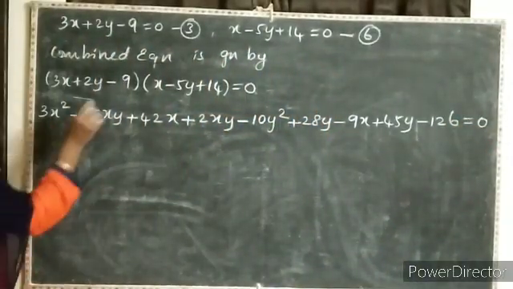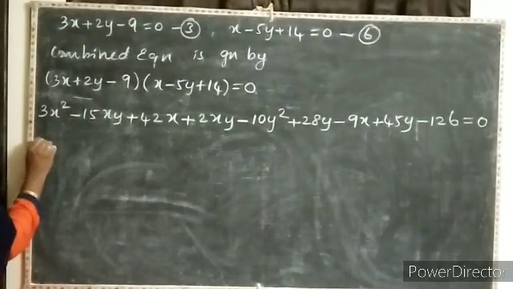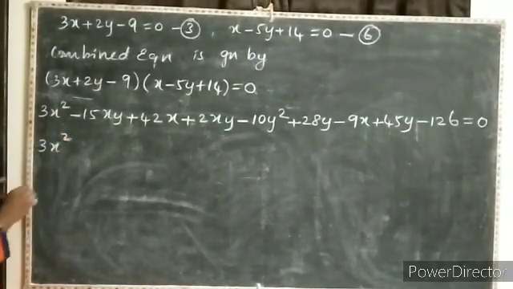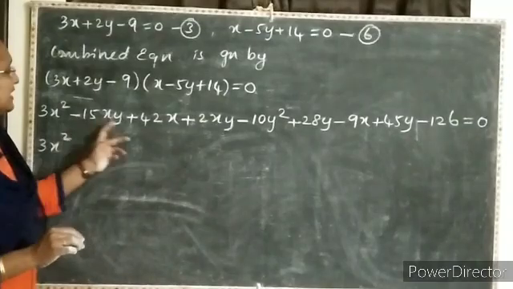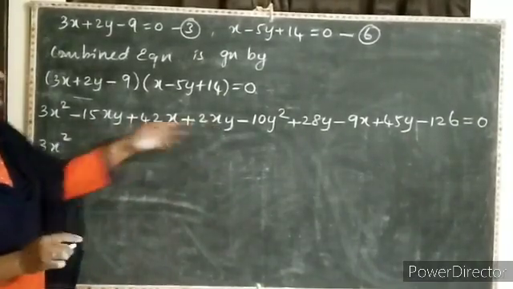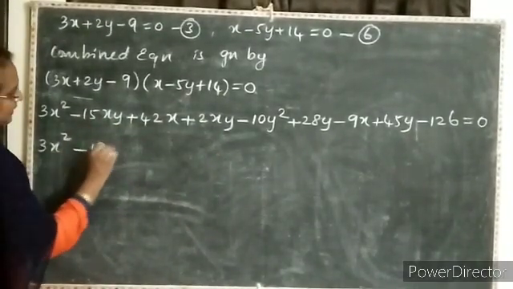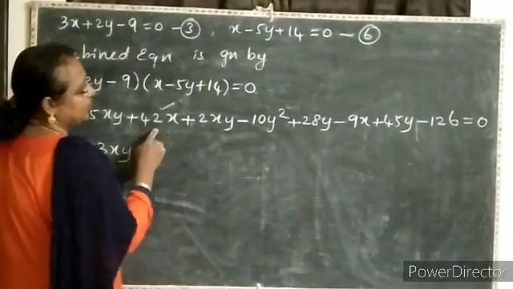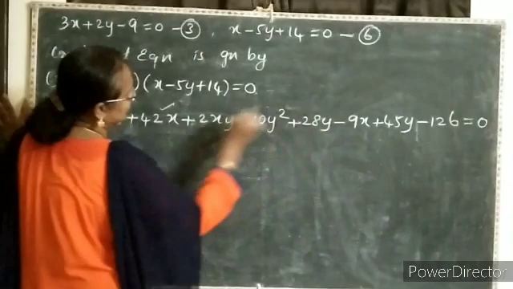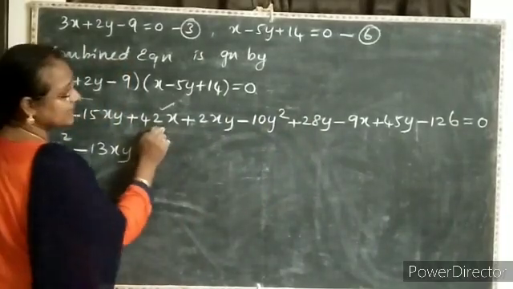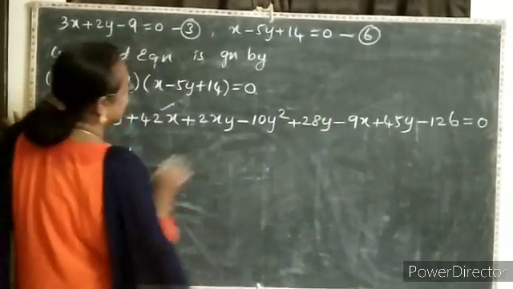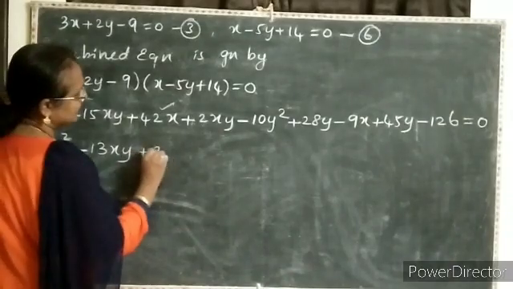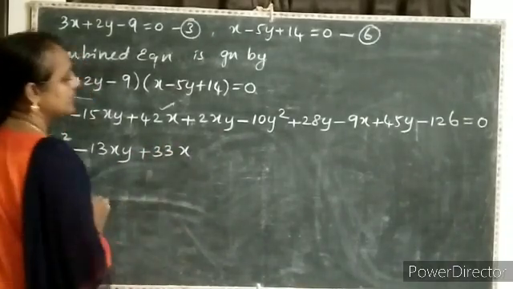Now I'm going to rearrange it. 3x squared, the next term is xy term, minus 15xy plus 2xy will give you minus 13xy, isn't it? Now x term, 42x and minus 9x. So this becomes plus 33x, isn't it?